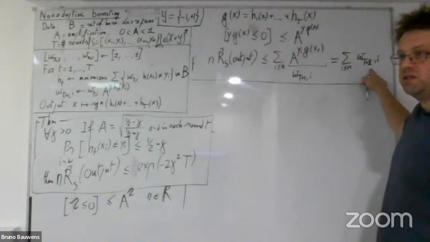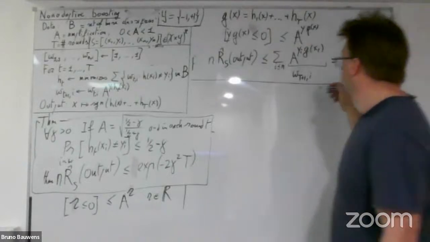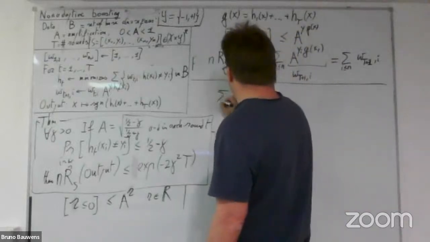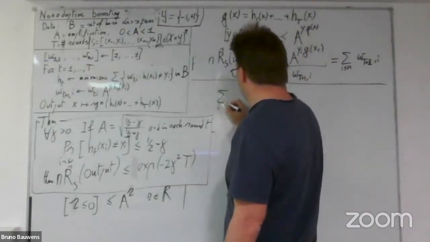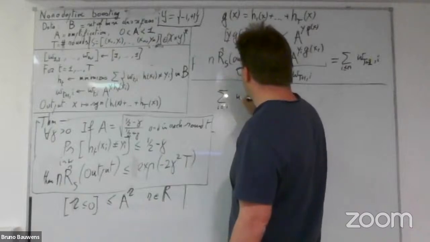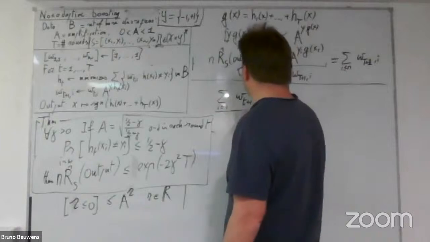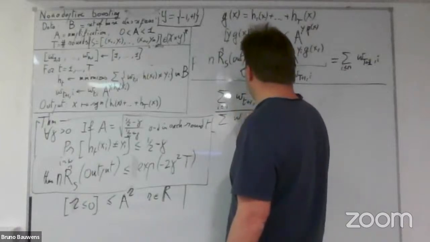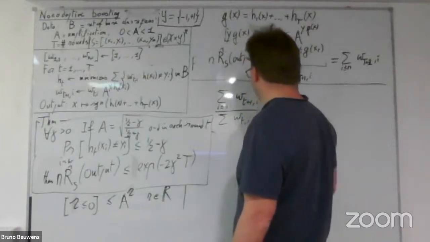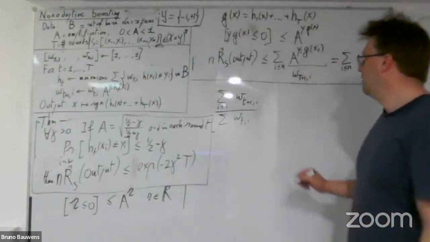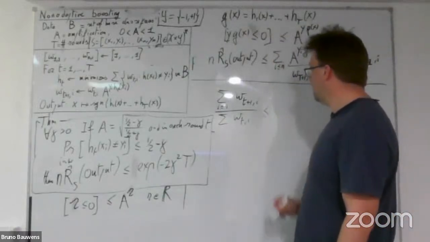Now we prove that the sum of weights decreases exponentially fast. So we want to prove something for the sum over i smaller than n of w_{t+1}(i).